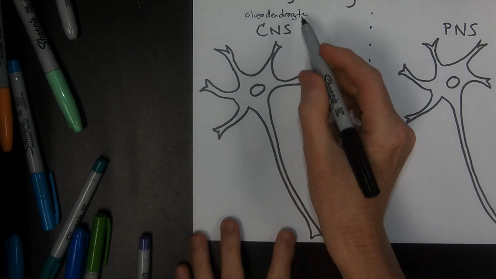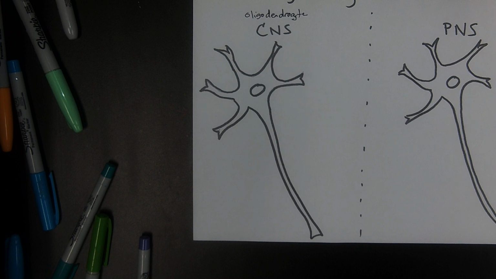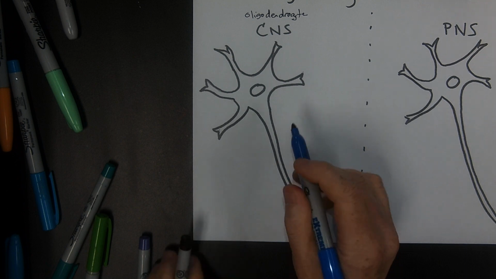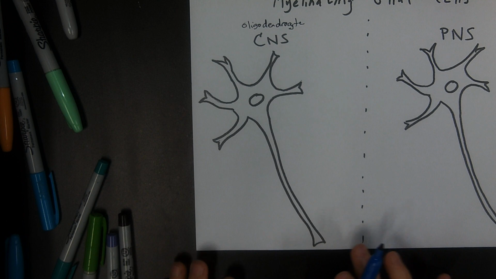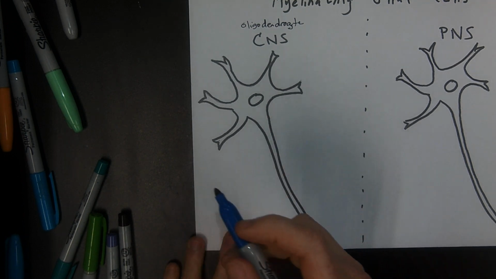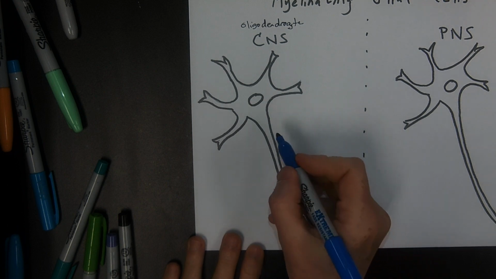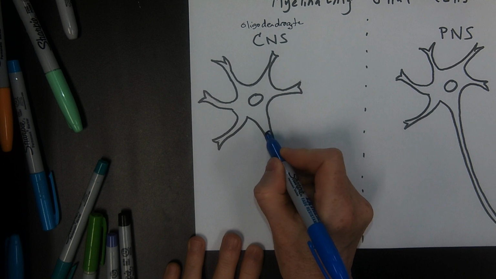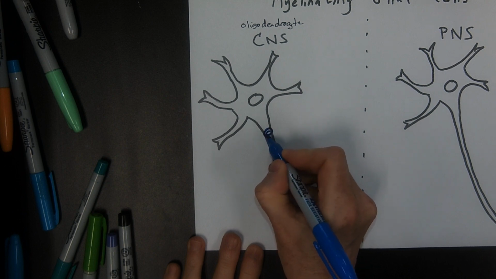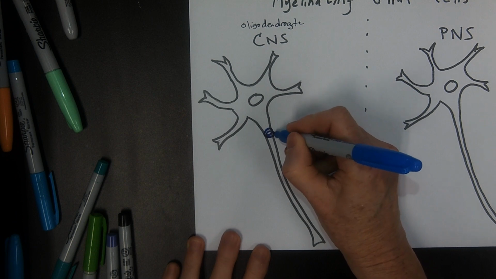But oligodendrocytes are the myelinating glial cells, only in the central nervous system. What they're going to do is wrap the axon of the neuron. I'm going to try and draw the wrapping like a little swirl here, so it's wrapped around the outside of the neuron.